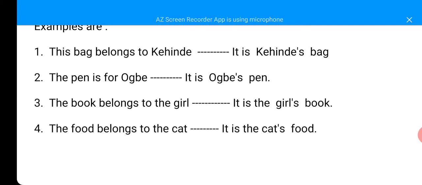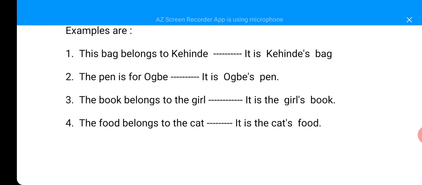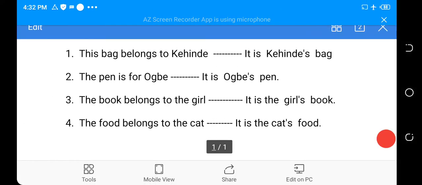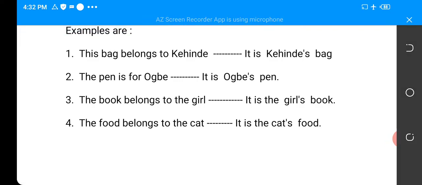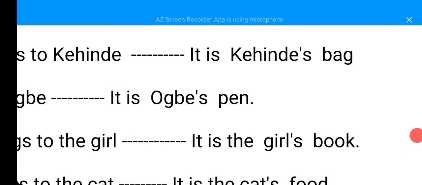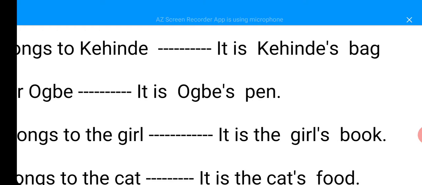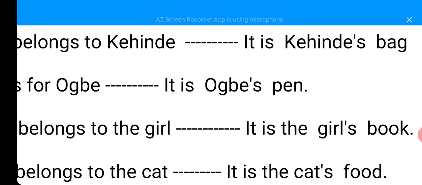Added is the S. Then you now have the thing owned by Kehinde, and that is the bag. So I have Kehinde's bag. The bag belongs to Kehinde. I have used that sign and the S to show that the bag belongs to Kehinde, and this is what we refer to as the use of apostrophe to show possession.